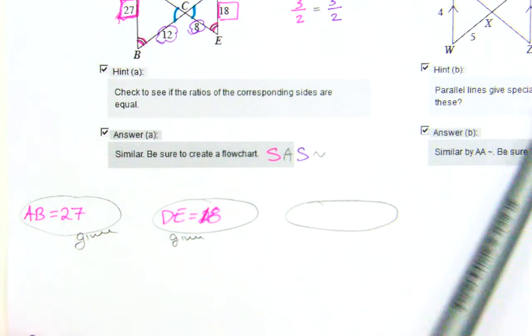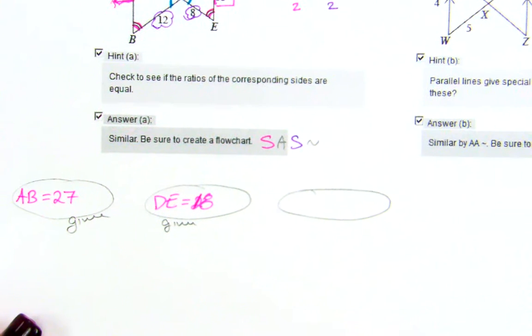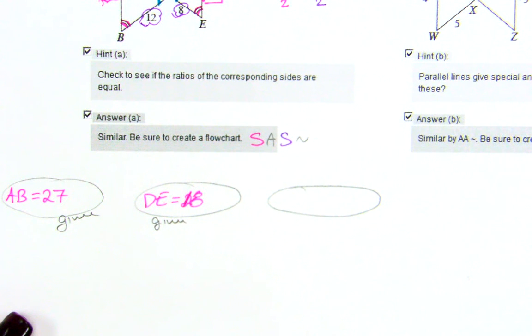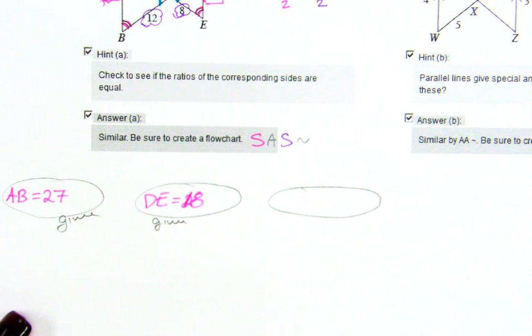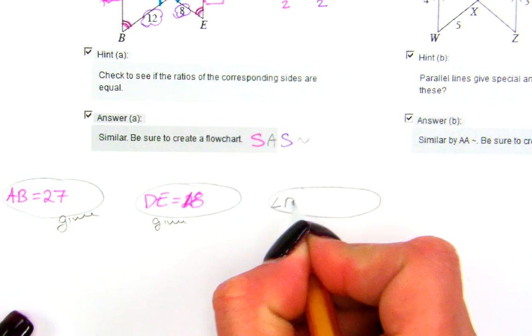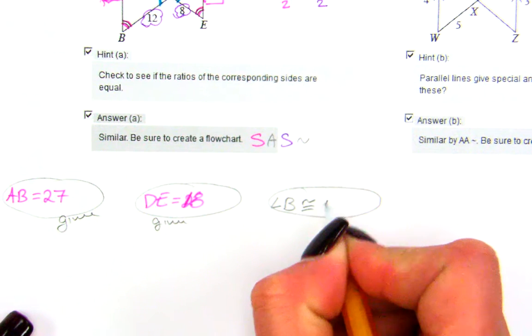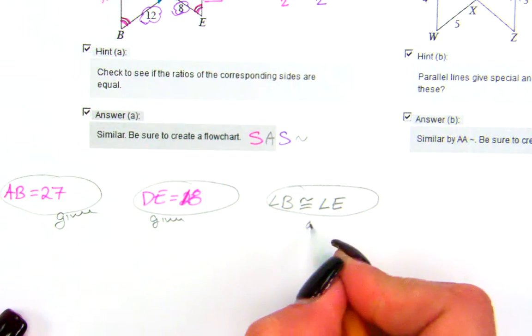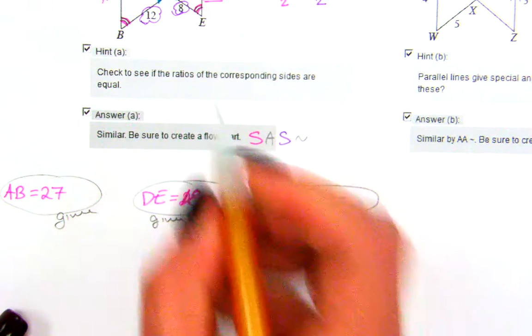I might be doing a lot here, but that's okay. Now we also know this right away, so we can just do one bubble for this. It makes it really convenient. We know that angle B, and I'm going to take a shortcut, angle B is equal to angle E. I'm not going to call it by the three letters. And this is a given, because they are labeled. Angle B and angle E are the same. And then we need one more float.